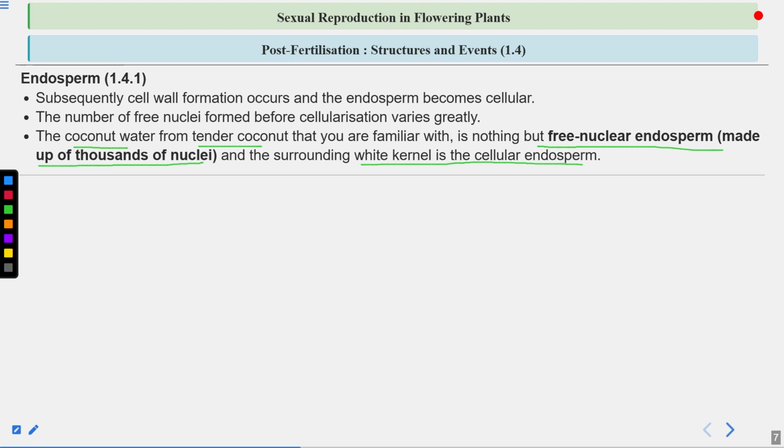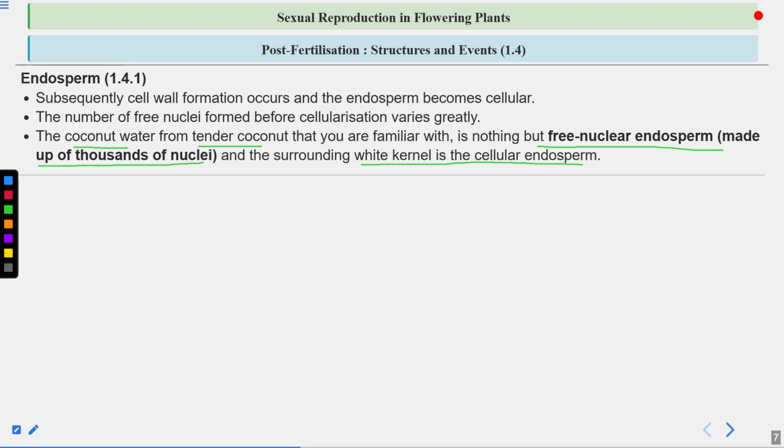So this is one type that is discussed here, called nuclear endosperm. But there are certain endosperms in which, as the nucleus divides, there is cytoplasmic division also, and the cell wall is laid. One nucleus divides, there is karyokinesis, and after that there is cytokinesis, so a cell is formed.